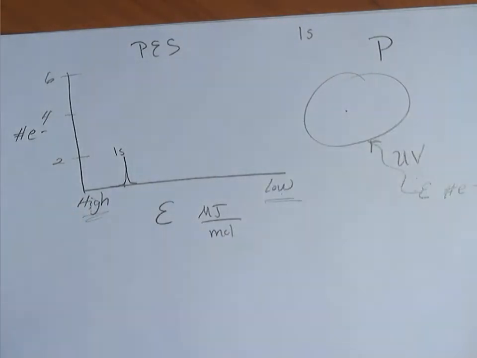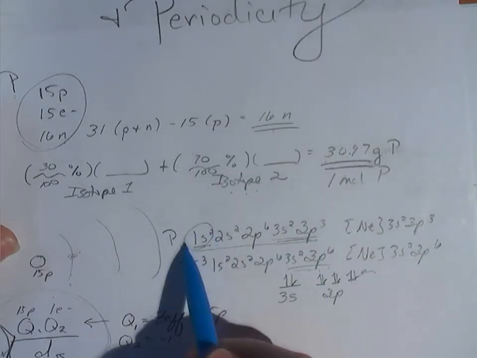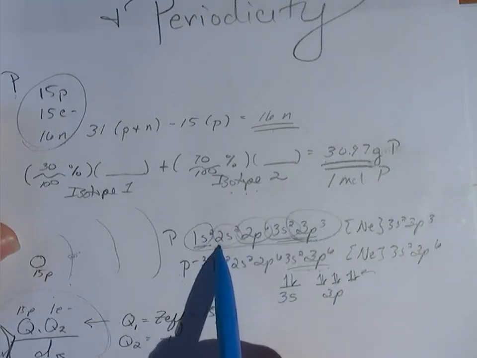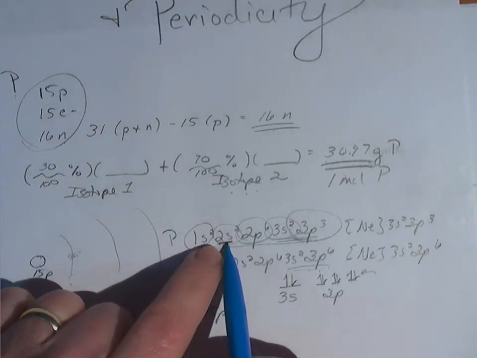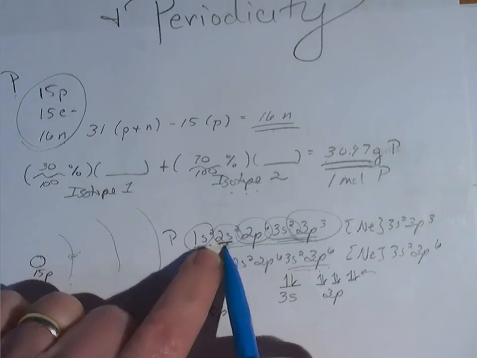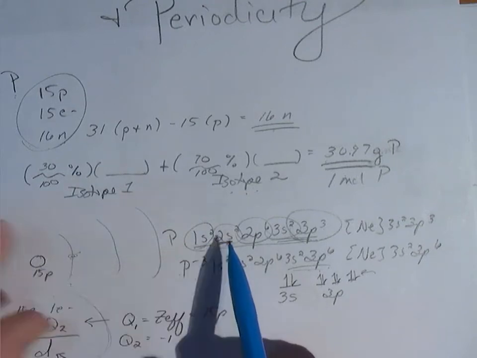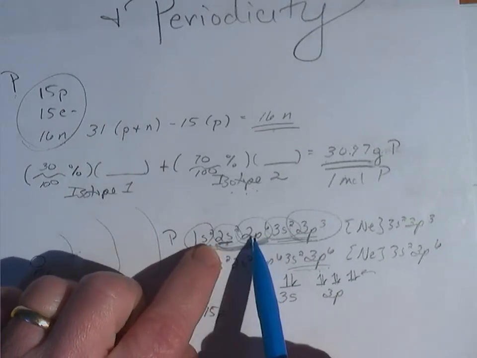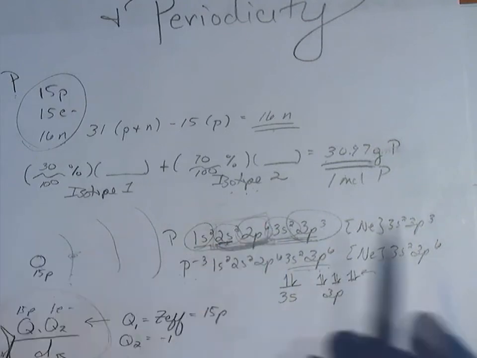Now, for phosphorus, which we know is this configuration, we're going to have 1, 2, 3, 4, 5 peaks. Now, the 2s is of lower energy as far as the electrons are concerned, but they're held the most strongly. They're going to be close to the energy of the 2p because they're both in the second energy level, but they still differ in energy.